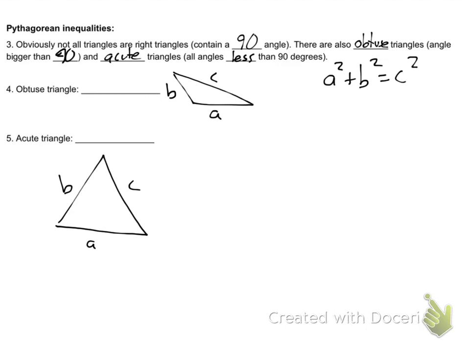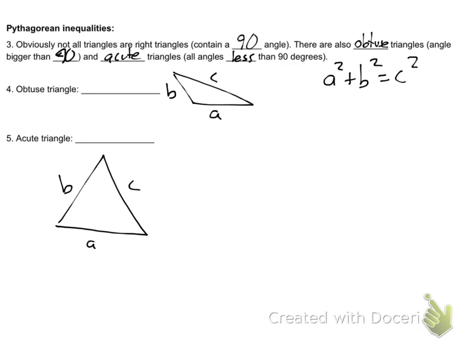Now, if we have some side lengths given to us, what we'll find is that if it's an obtuse triangle, they won't be equal. A squared plus B squared will not equal C squared. If it's acute, it will not be equal either.